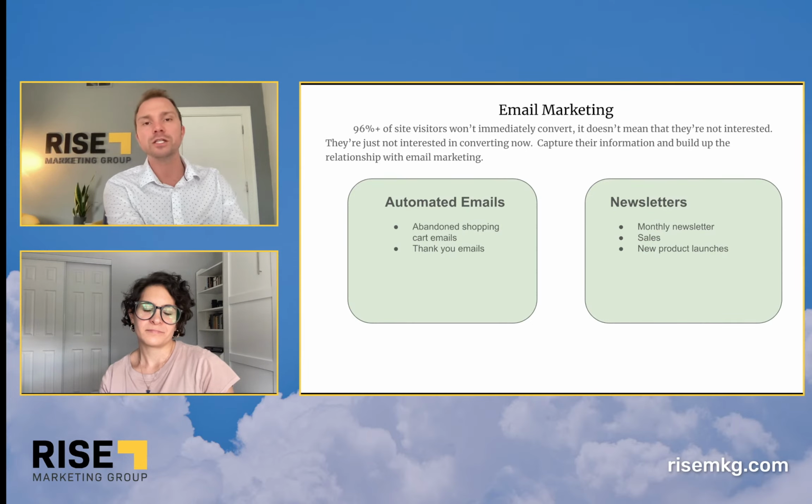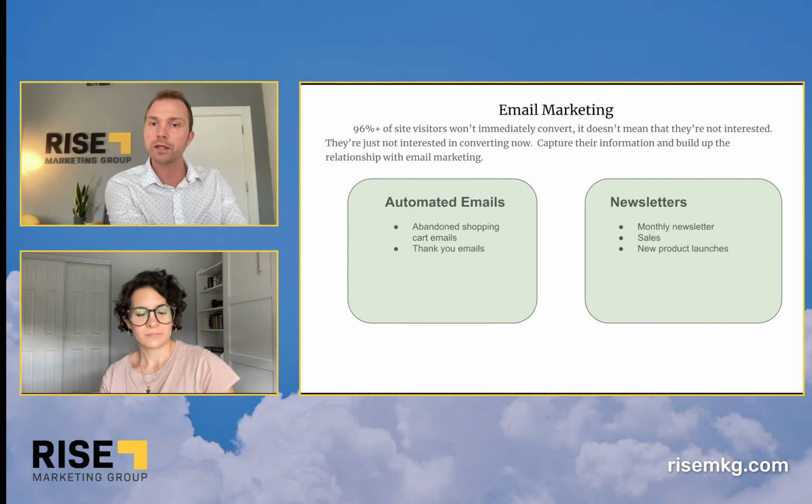But whenever you email, just make sure that it is with purpose and drives some real value, not just trying to get them to buy without providing anything of substance. Within your newsletters, sales are always good. I feel like there's a sale every month or a holiday period that you can promote. And then also new product launches.